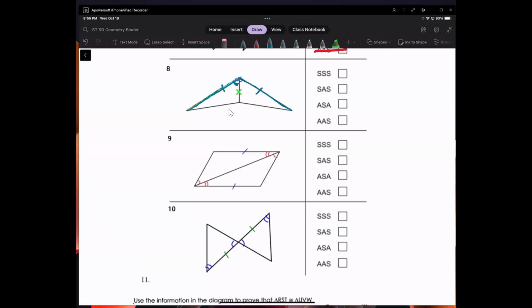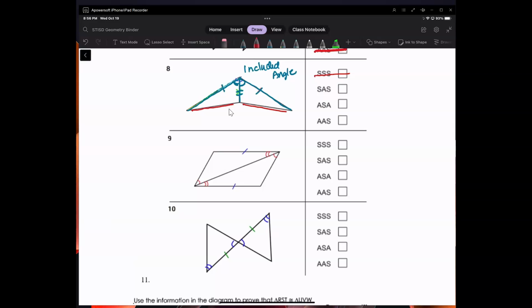We also know that this angle is congruent to this angle. We call that the included angle. That's the included angle, and we do have this side that they have in common. So we're not able to use the side, side, side postulate because we don't have this third side congruent, that third corresponding side. So we can't use that.